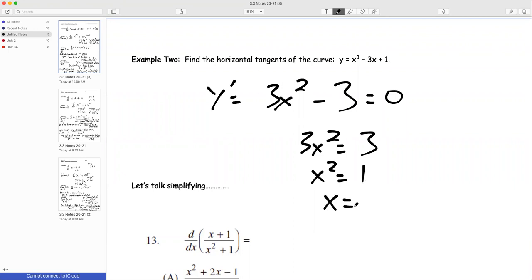So x equals plus or minus 1. Correct? So this means I have a horizontal tangent at 1 and a horizontal tangent at -1. Like if I were, let me just sketch quickly.